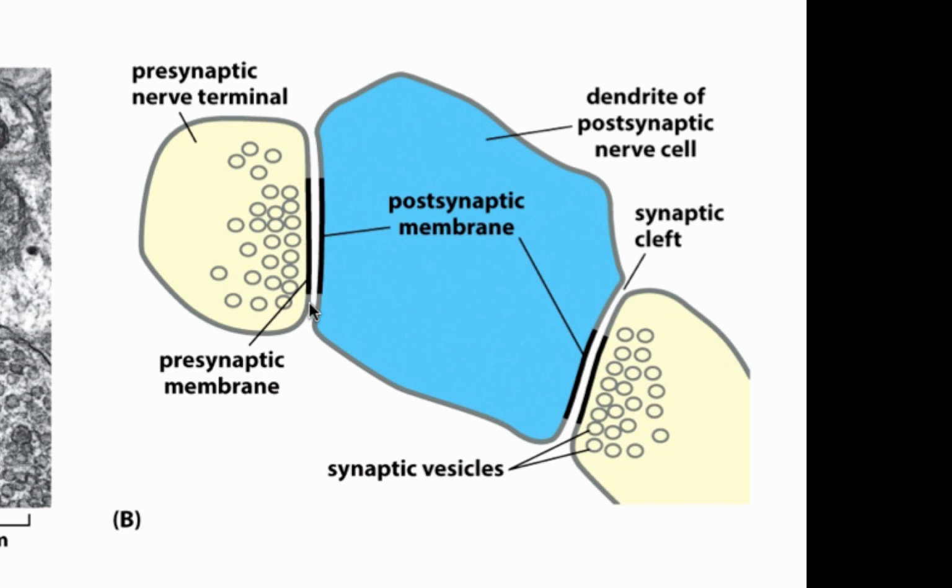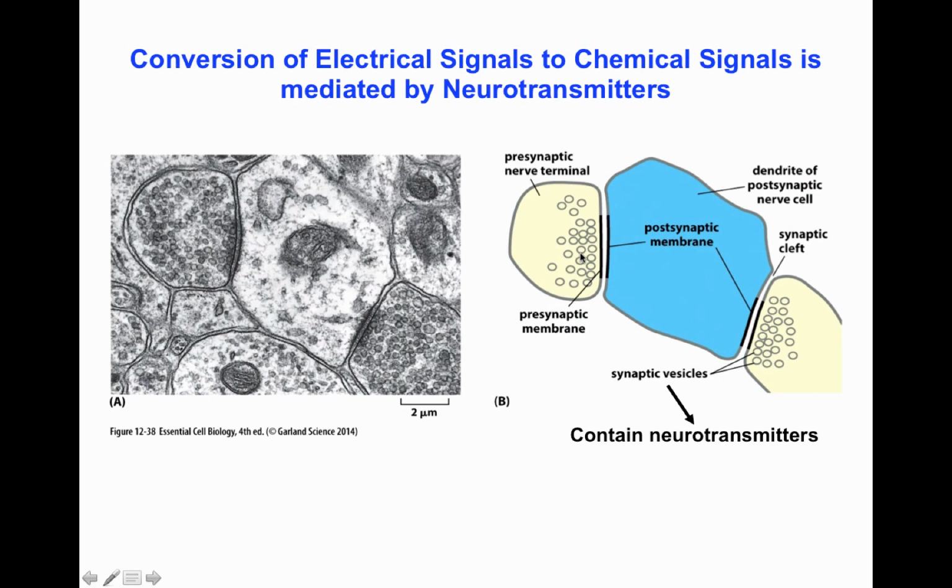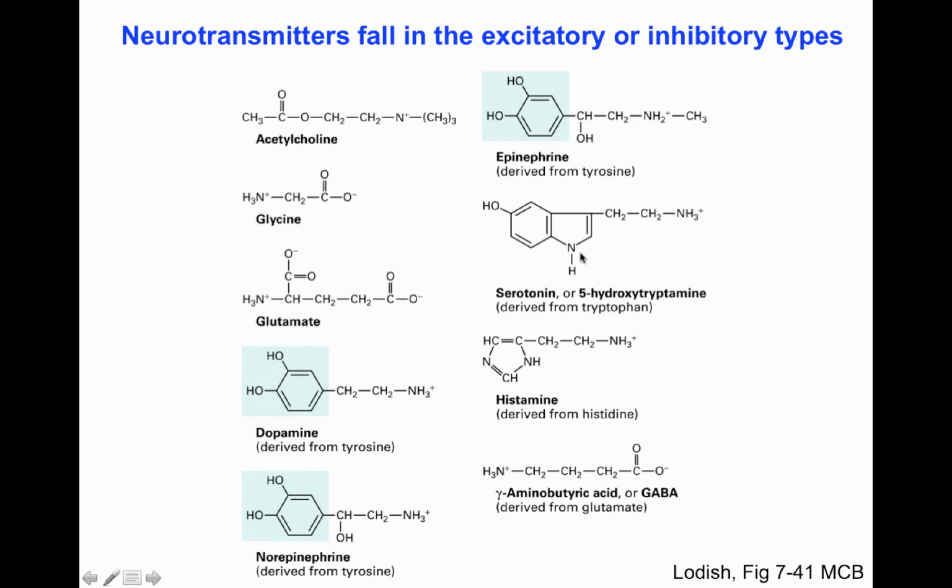Now, in the presynaptic cell, in the nerve terminal, we have the membrane. That membrane is going to be interacting with the postsynaptic membrane in what is called the synapse, and the synapse is full of small vesicles, and those small vesicles are called synaptic vesicles, and those contain neurotransmitters.